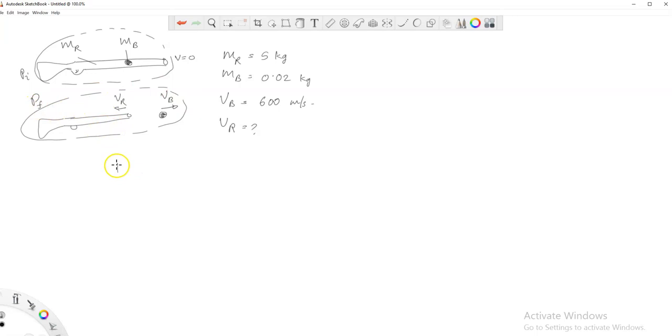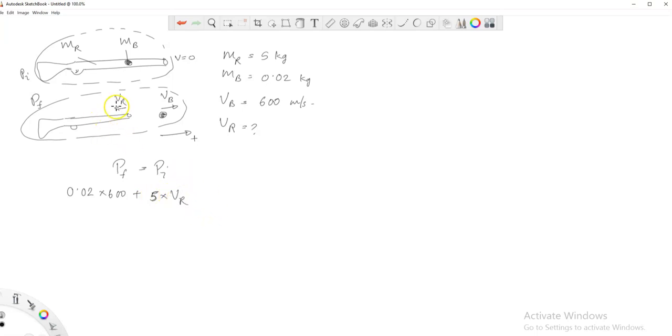As always, we can write P final equals P initial. Momentum final. Again, if we take this as the positive direction, we have the bullet, which has a mass of 0.02 times a velocity of 600, plus the rifle with a mass of 5 kilograms with a velocity of VR.